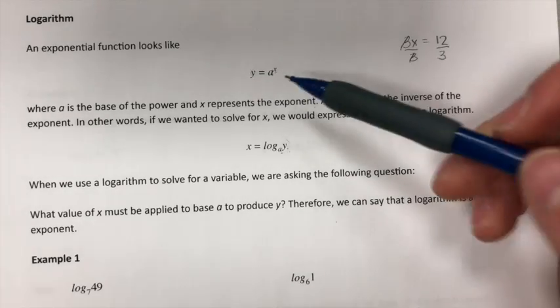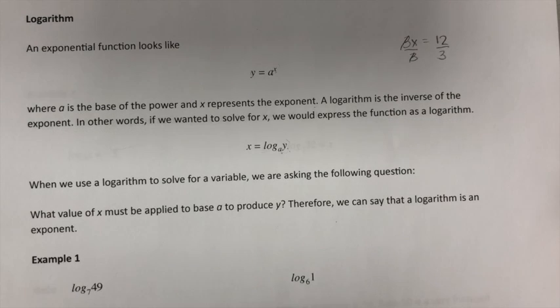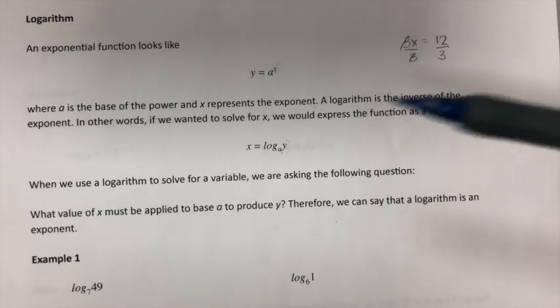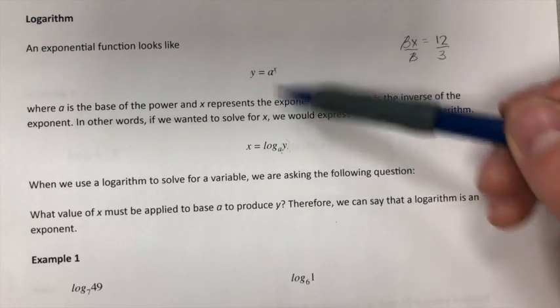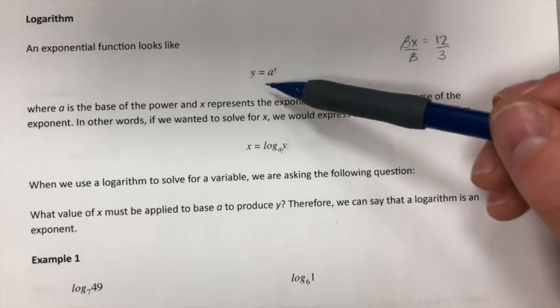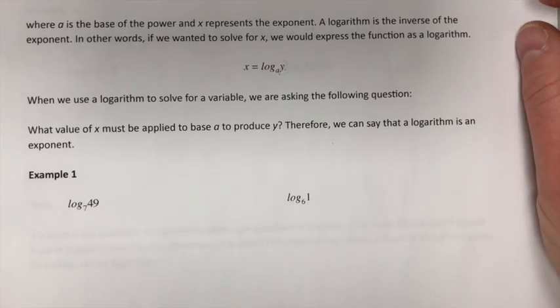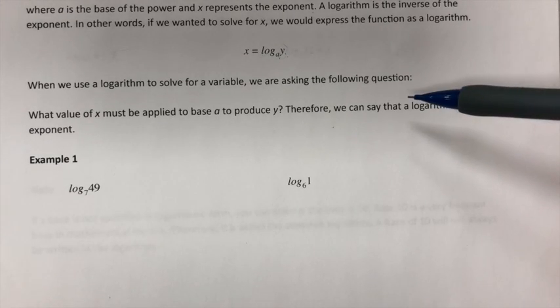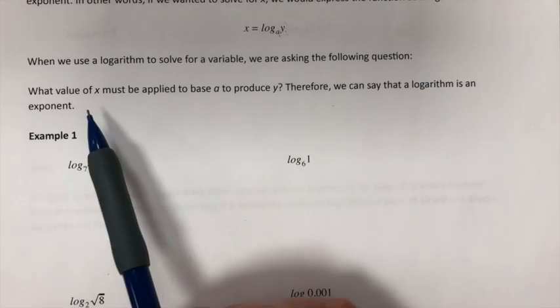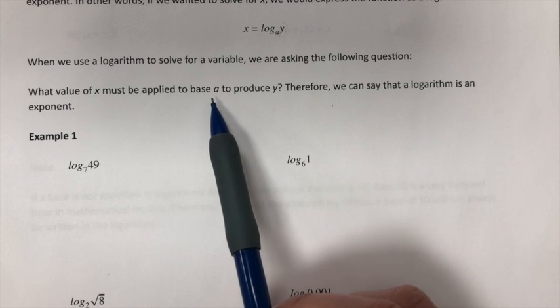Knowing what goes where is worth memorizing, because I don't believe that's on your formula sheet. If you want to convert back and forth, you need to know what goes where, okay? When we use a logarithm to solve for a variable, we're asking the following question. What value of x must be applied to base a?